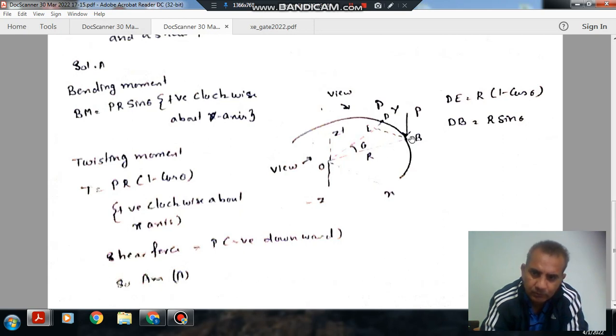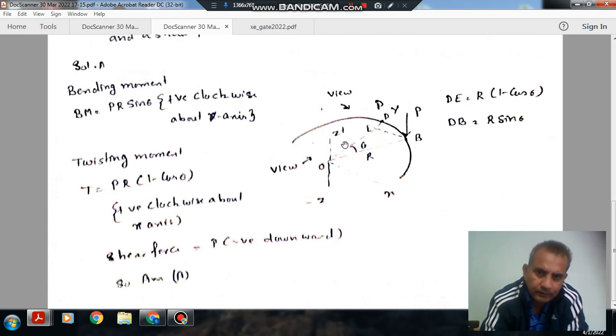and this is the point of application of load, or point B. We have to find out the moment or the forces at point D. So if we take this viewpoint, then P is causing a bending moment.